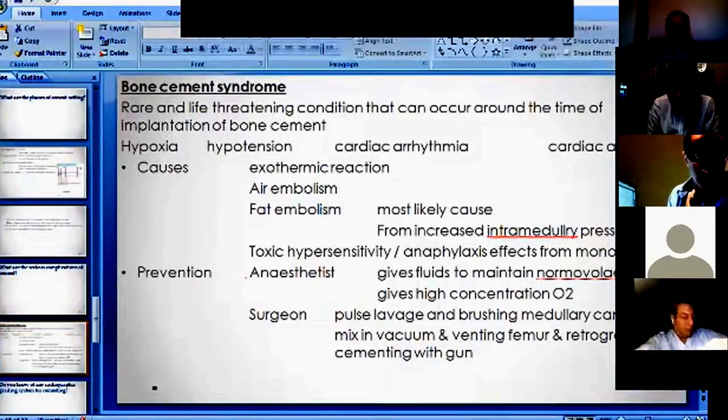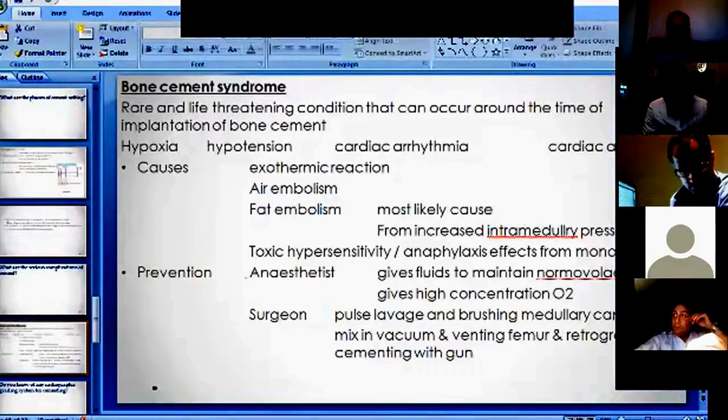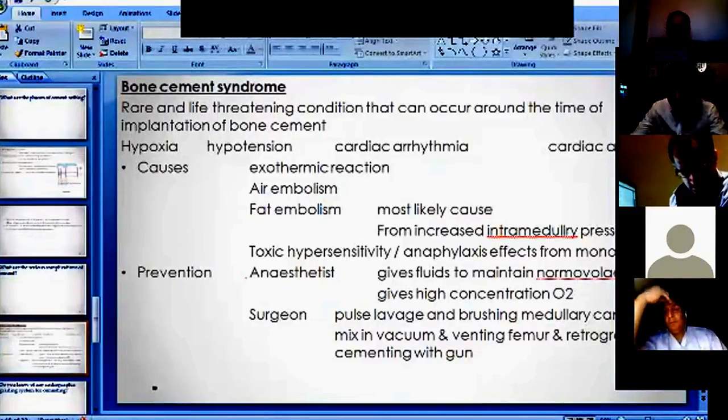And there is no specific definition of this syndrome in the literature because it's poorly understood. However, it's what we know. It's a rare but life-threatening condition. It occurs around the time of implantation of the bone cement. Symptoms and signs are hypoxia, hypotension, cardiac arrhythmia, and can eventually lead to cardiac arrest.